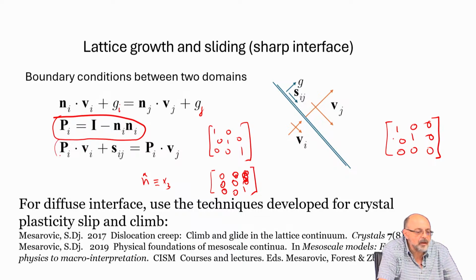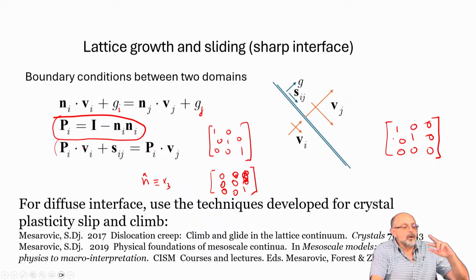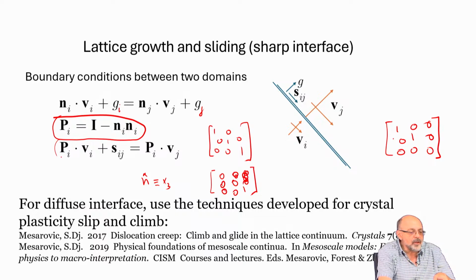it gives you a vector, since this is a rank 2 tensor and this is a rank 1 tensor, so the product is a vector. But this vector now lies in the plane of P, in the plane that is normal to n.